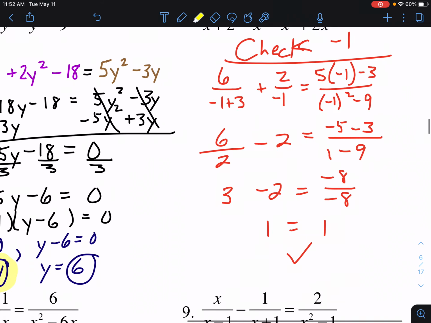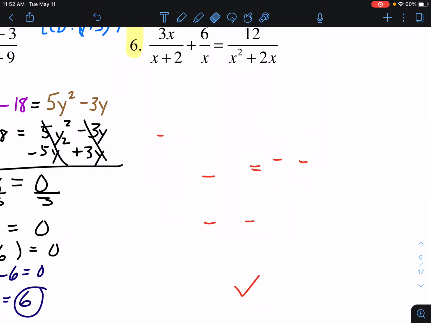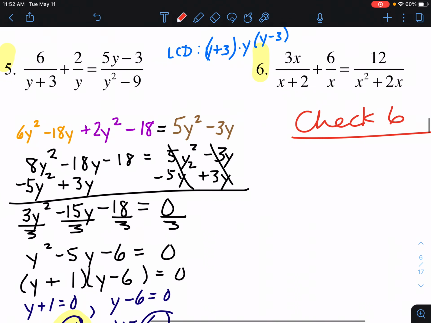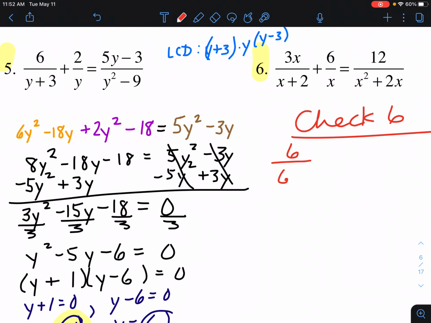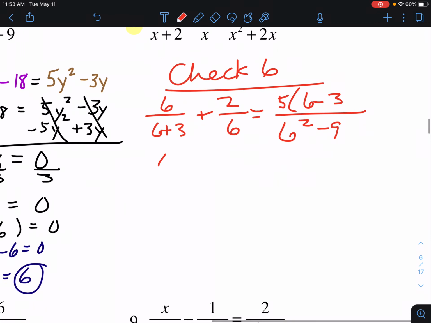Now I'm going to test out the 6. So this will be 6 over 9, which is 2/3. 2/6 is 1/3.